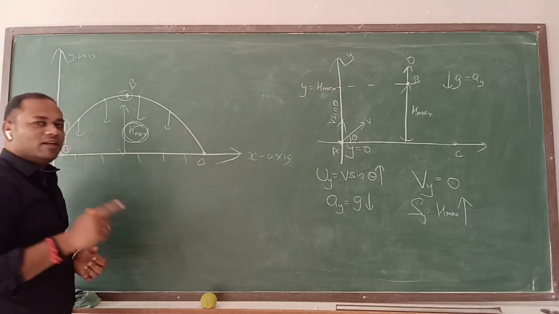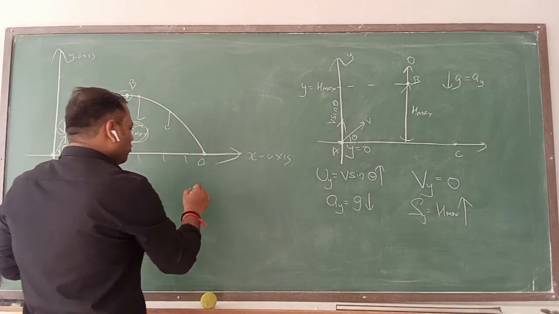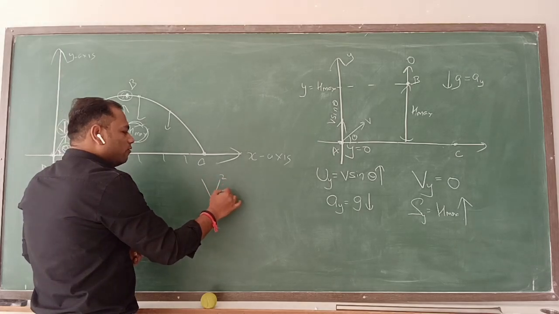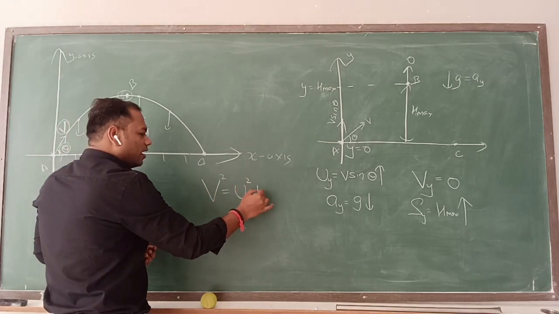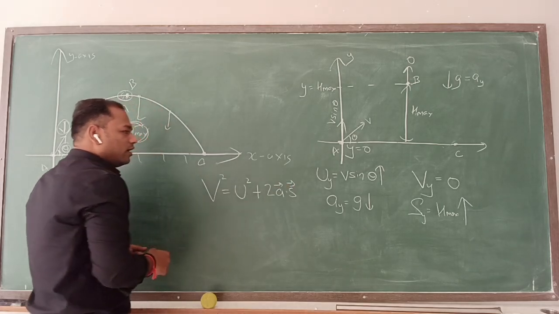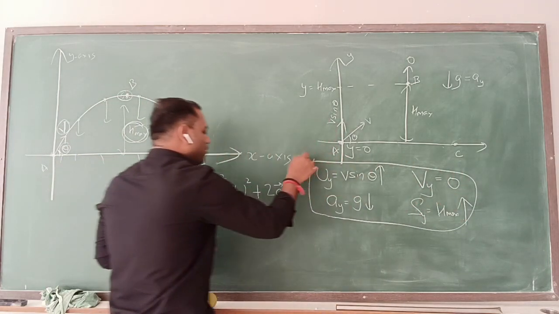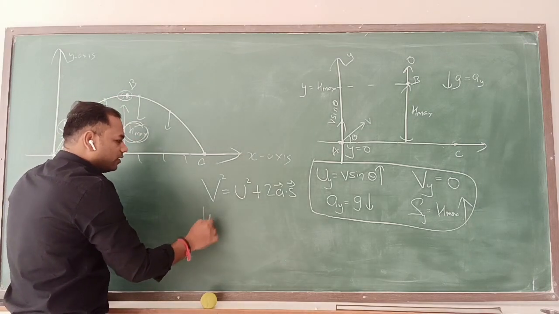So, which equation of motion can we apply, students? Yes, we can apply the third equation of motion, which tells us final velocity square equals initial velocity square plus acceleration vector dot product of displacement vector. Putting the values of these physical quantities here, we will get our h max value.